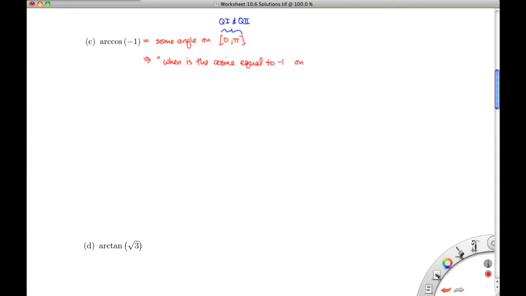Again, on the interval from 0 to pi. Well, let's see. We can go ahead and draw our two quadrants. So here we're going to get quadrants 1 and 2. So this is our rotation from 0 to pi. So we can look at all of these angles right here in these two quadrants for the cosine.